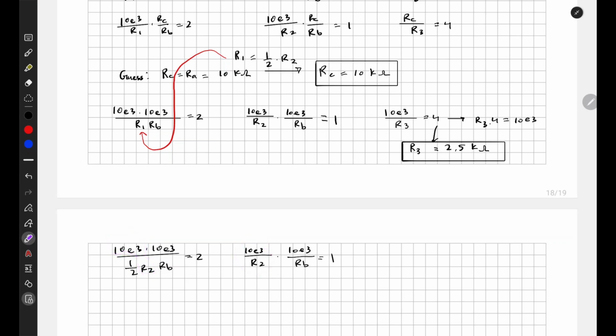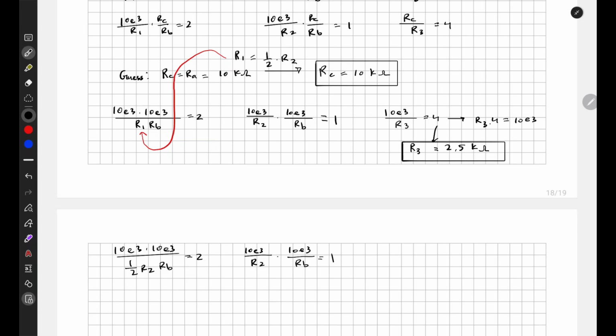So the only difference is this 1/2 multiply in the front. So in order to cancel out this E3, this needs to cancel out 10E3 divided by 10E3, because then you'll be left with this divided by R3 right here, and because this 2 will cancel out with here to become 1.